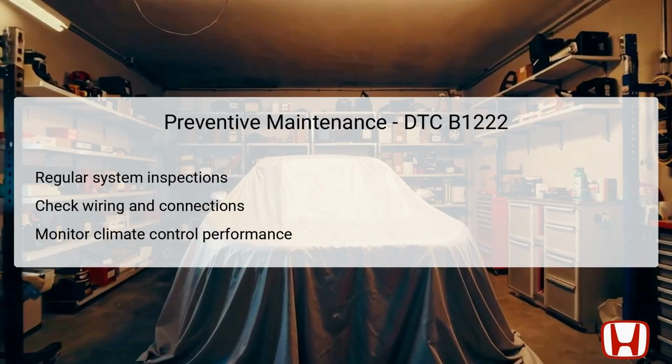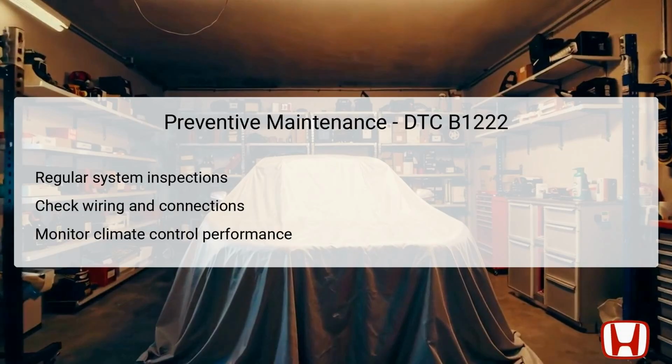To prevent the recurrence of DTC B1222 and related issues, implementing a proactive, preventive maintenance plan is essential. Regular inspections of the climate control system and its components, especially the wiring and connectors, can help identify potential problems before they escalate. Technicians should look for signs of wear, fraying, or corrosion during each service, as these can be precursors to electrical failures.